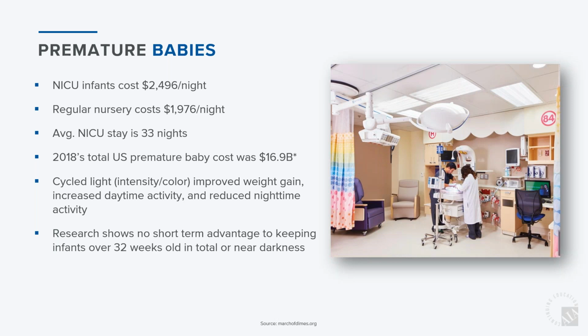But there are studies taking place right now to find this out. If we put some kind of tunable light in the NICU over these babies that still need to develop, and we can almost entrain them to the cycle that would have been naturally given to them in the womb, what can that do? Is there a huge difference?